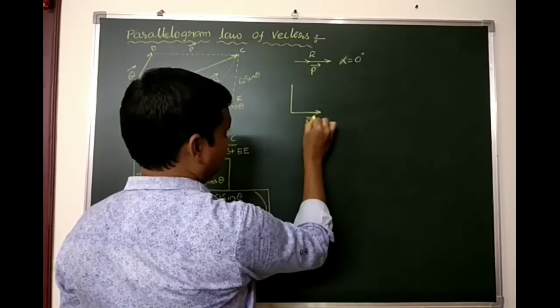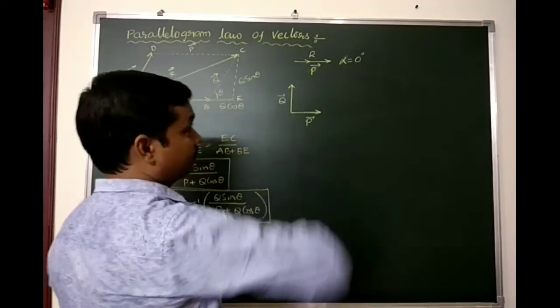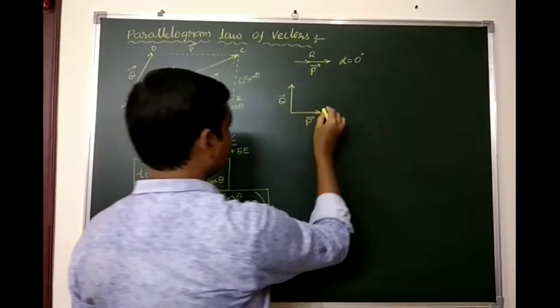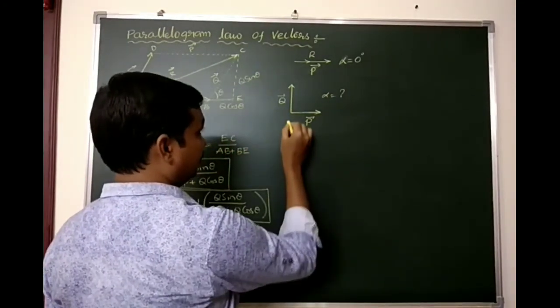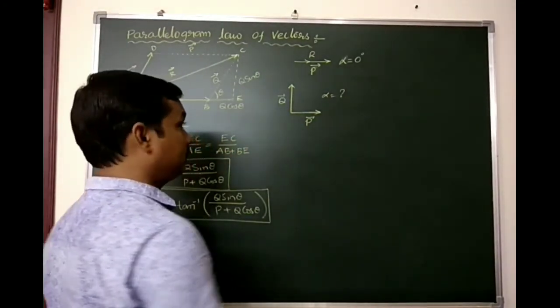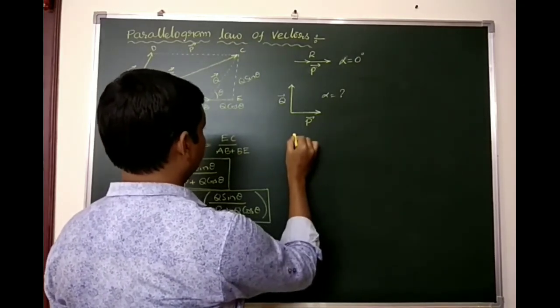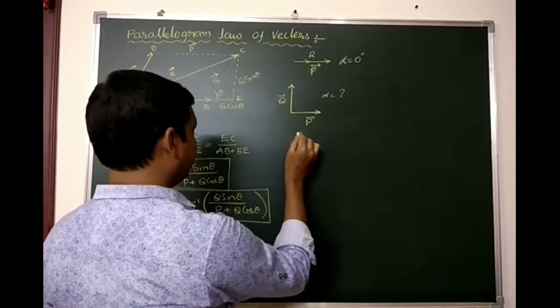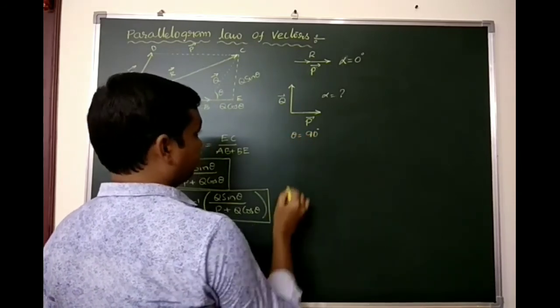This is the P vector and this is the Q vector. Okay, what about the alpha value? When they are perpendicular to each other, what is the resultant magnitude we are going to find? The angle between these two is 90 degrees. So theta is equal to 90.